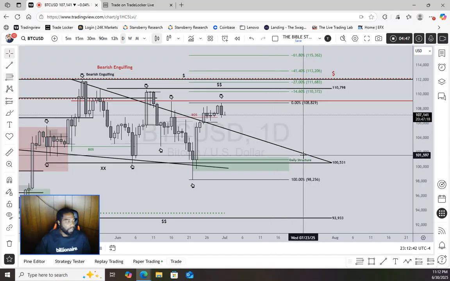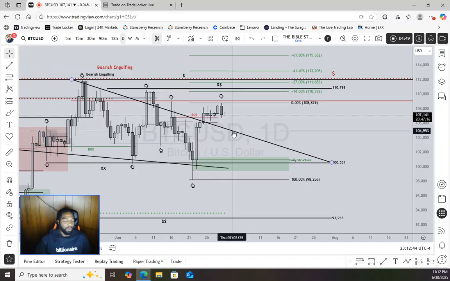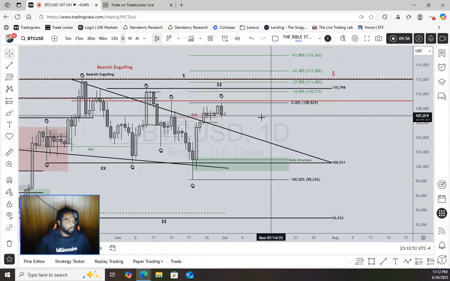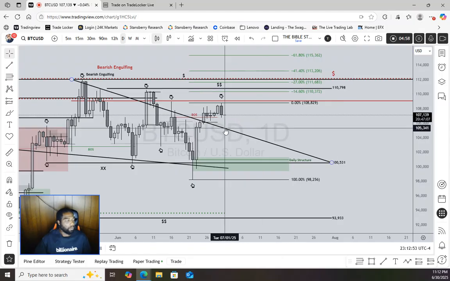So now that we have identified these levels, we know what levels can cause price to encounter its continuation. So now we know what to analyze, or when to analyze price, at what levels or what points in the market.